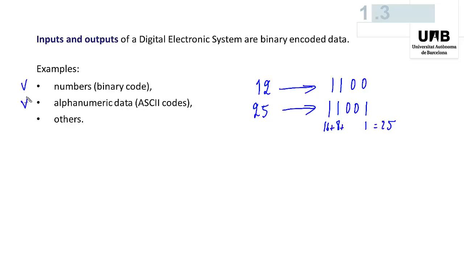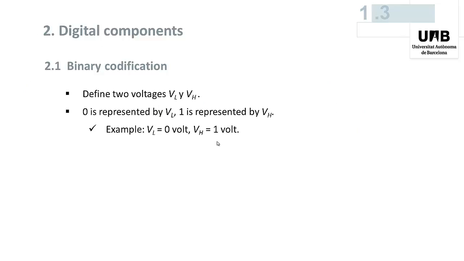Another type of encoding is used for encoding letters, digits, some symbols, in other words, encoding characters. It's the ASCII code. Now, to build digital electronic circuits, we need digital components. The first point is how are we going to represent the bits 0 and 1?